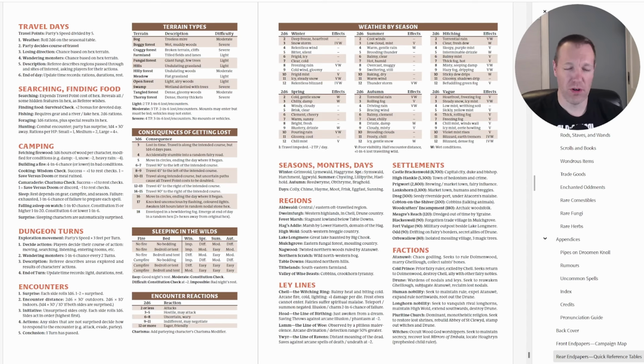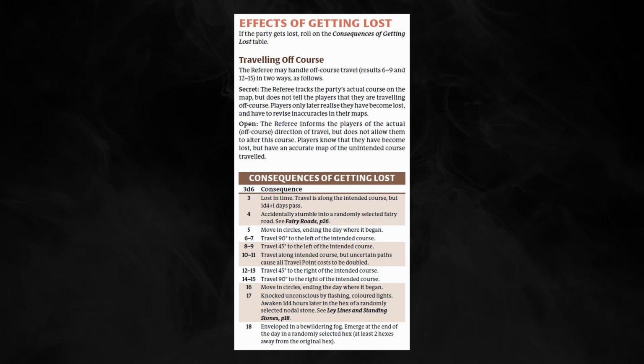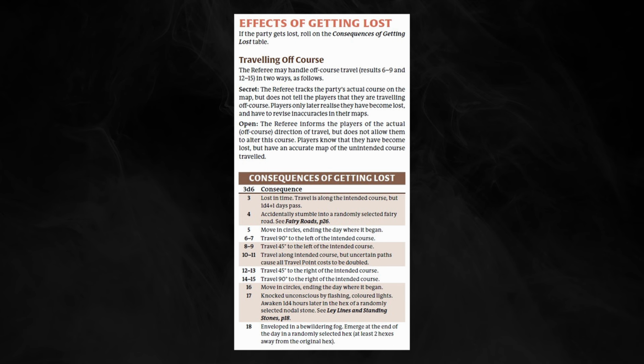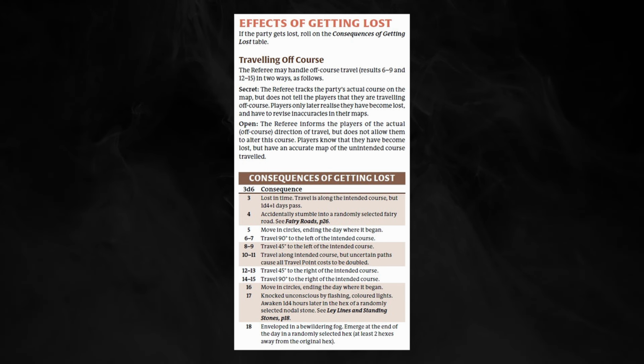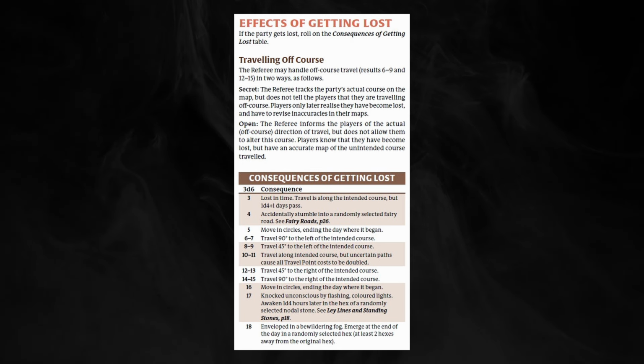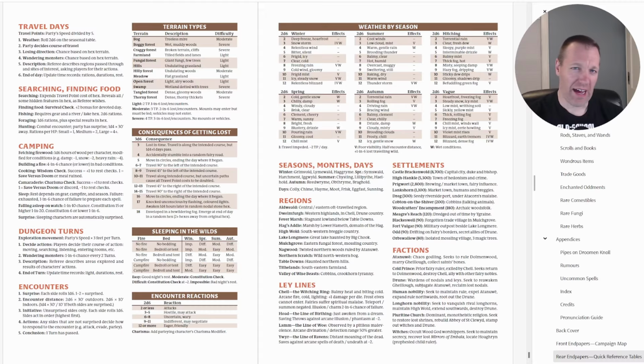It also talks a little bit about how you can choose to handle the players getting lost. You can either keep the fact that they've been lost a secret until they realize they are not where they were intending to go, or you can openly tell the players, hey, you got lost along your travel, and you can let them map in that direction. I think this is a discussion for you to have with your individual table, probably before you get into playing the game.